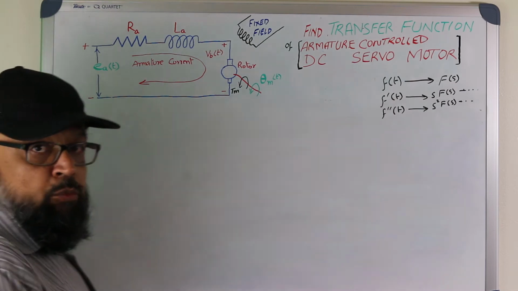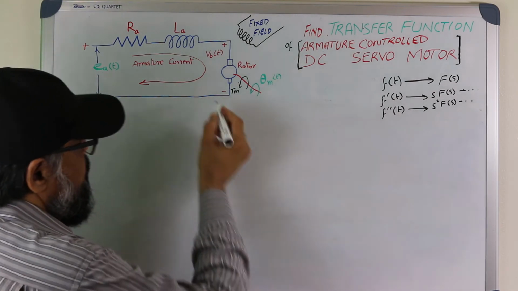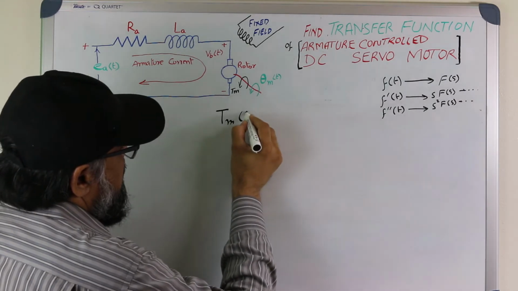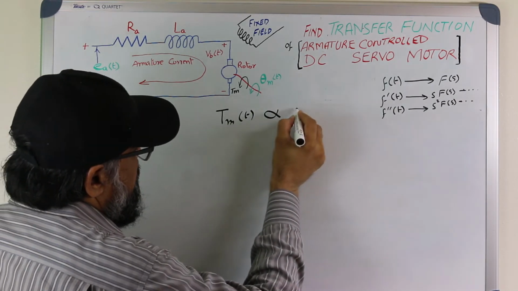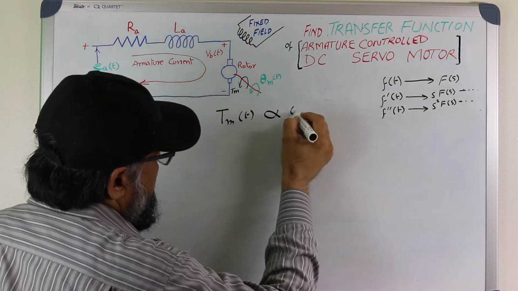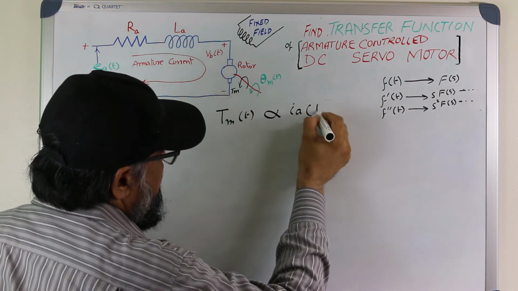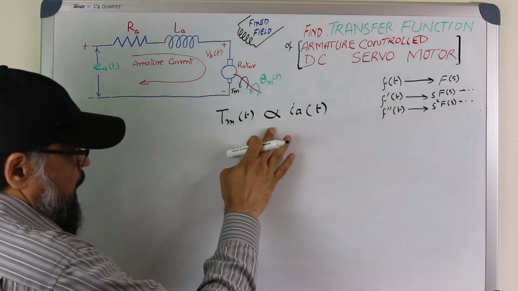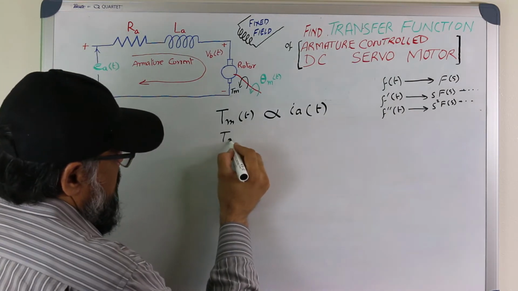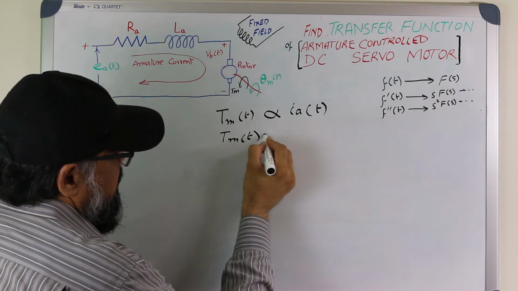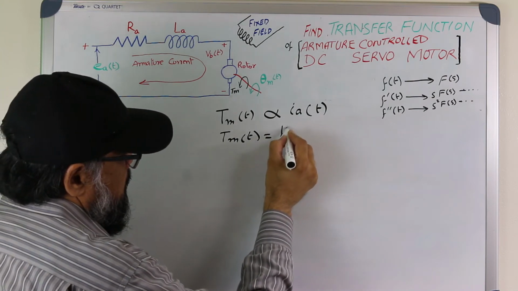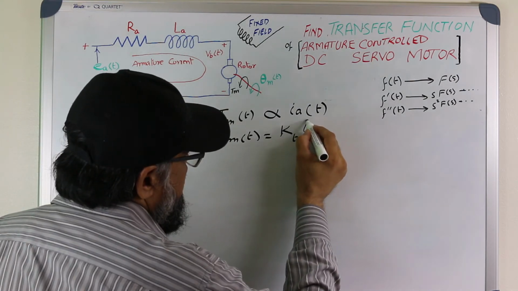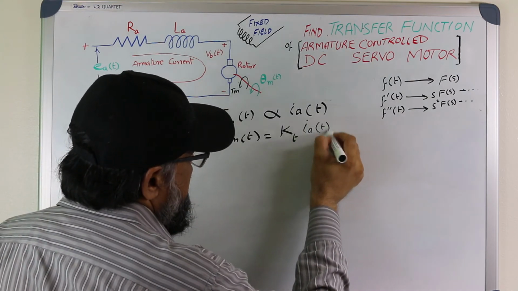So the torque of the motor is proportional to the armature current. So we can say that torque is proportional to the armature current I. So I will put a constant here, which is now the torque constant, Kt, times the armature current at time t.